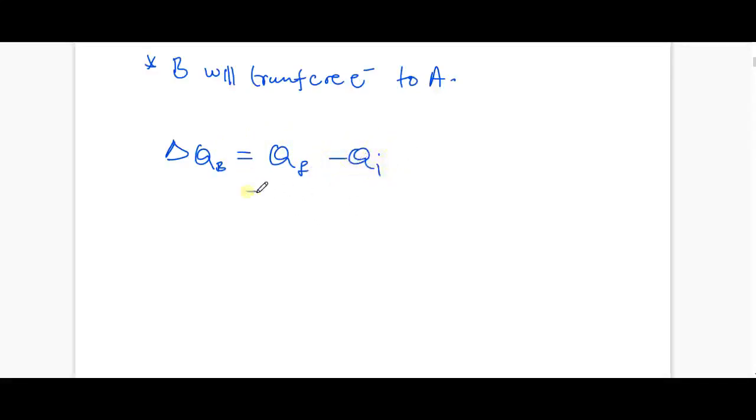The final charge is -4 times 10 to the power -9 coulombs, minus the initial charge, which was -5 times 10 to the power -9 coulombs. So here I have -4 plus 5, so I have 1 times 10 to the power -9 coulombs.